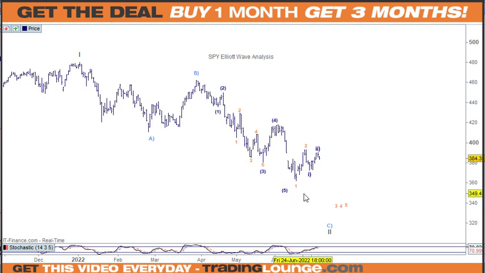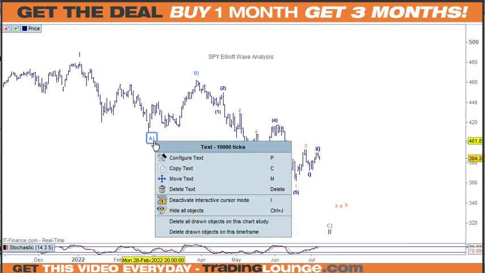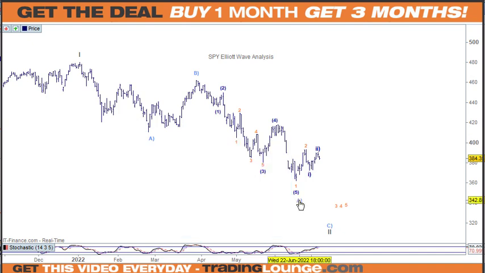The other picture with this as well, if we consider this move all the way down here as being completed, we could probably also count it down as wave 1 here, 2 here, 3 here, 4 here, and 5 here, as a 5-wave structure that's diminishing into this point. And then we can also look at this, which we talked about yesterday, as an A wave over here.